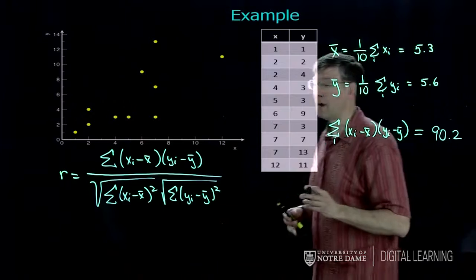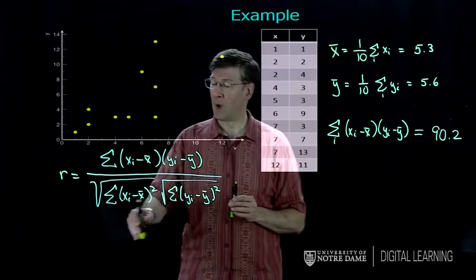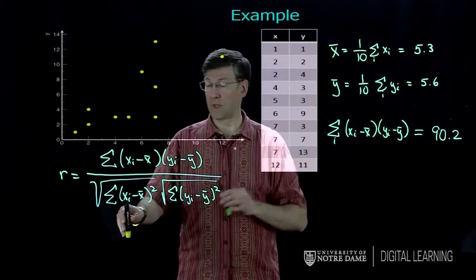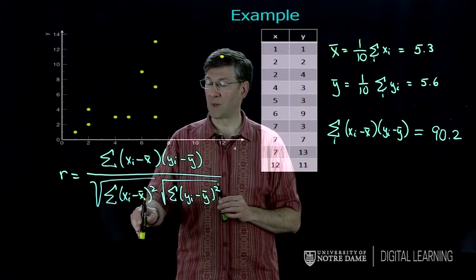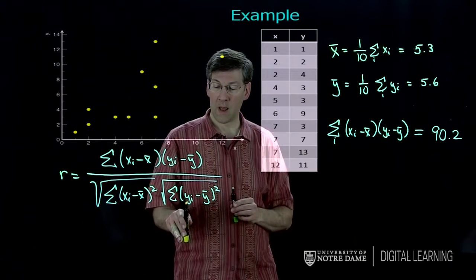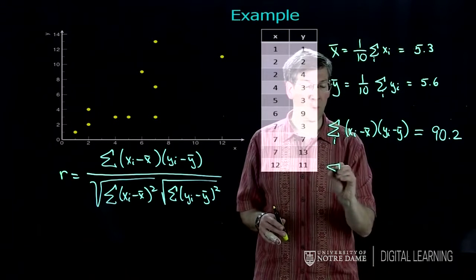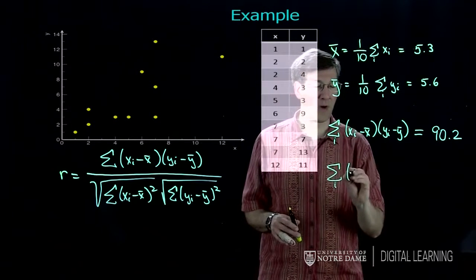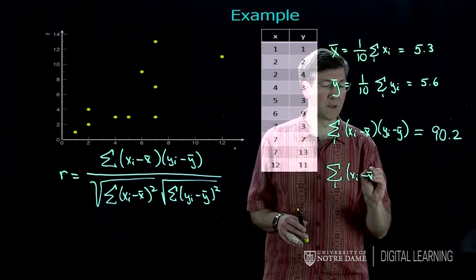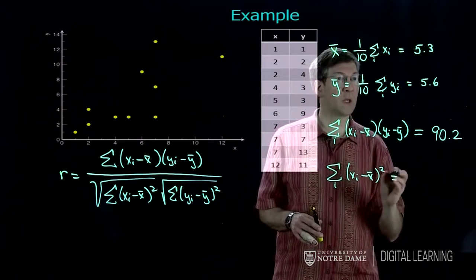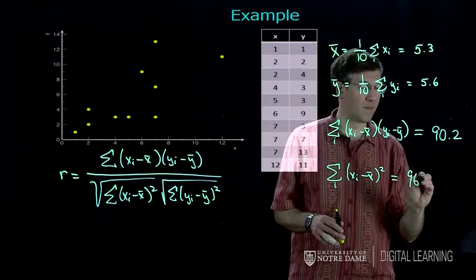And then I need the last two ingredients, which is the sum of, for each row in the table, the value of x minus the mean value quantity squared, and the value of y minus the mean value quantity squared. And so I can compute those as well. So the sum of x minus mean x squared is equal to 96.1.